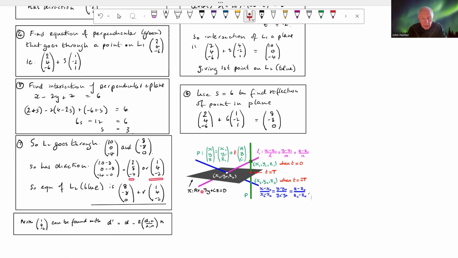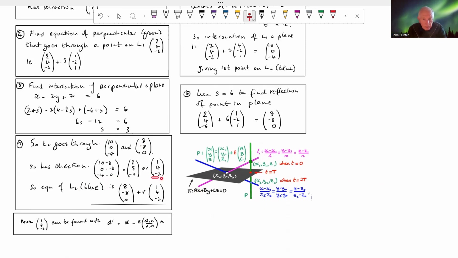If we simplify that, it is going to be 1, 4, minus 2. If we'd subtracted them the other way around, we would have ended up with negatives here. So as well as scaling the direction vector, we can also scale it by -1. But that's what we've got. I think the moral of this story is that there's lots of different ways of getting to the solution.